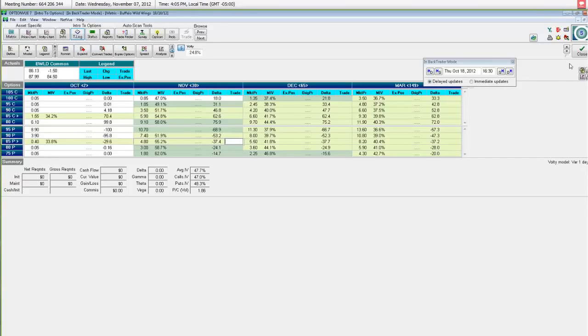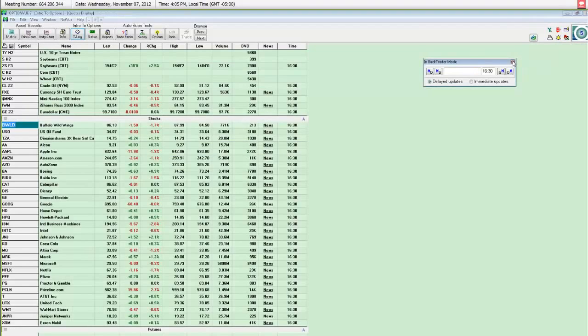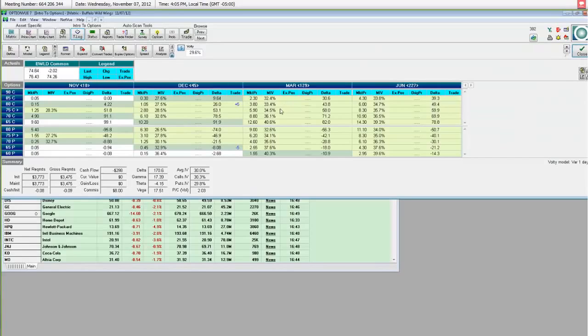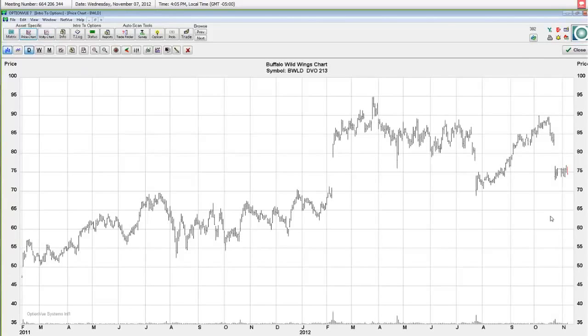Now, let's go back. I'm going to stop back trader. Let's go to the current time frame for Wild Wings here. Here's the price chart. If you remember, we were talking about an example where you bought the stock here, you made money, it started to go down and you got concerned. Well, here's the earnings.